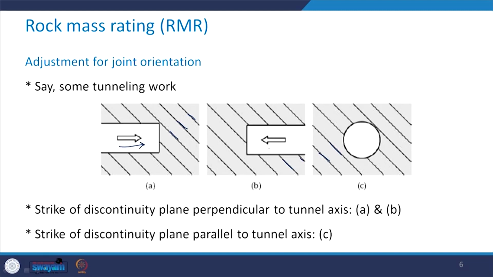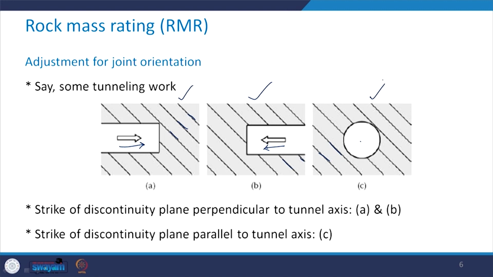In the second case, it is in the opposite direction, and in the third case, it is perpendicular to the plane of this screen. So what does that mean? In these 2 cases, A and B, the strike of the discontinuity plane is perpendicular to the tunnel axis. However, in case C, the strike of the discontinuity plane is parallel to the tunnel axis.